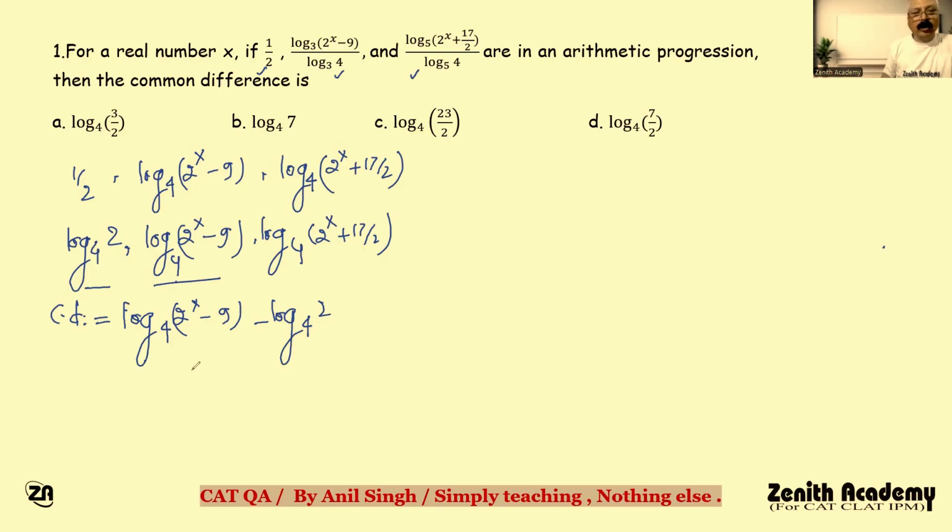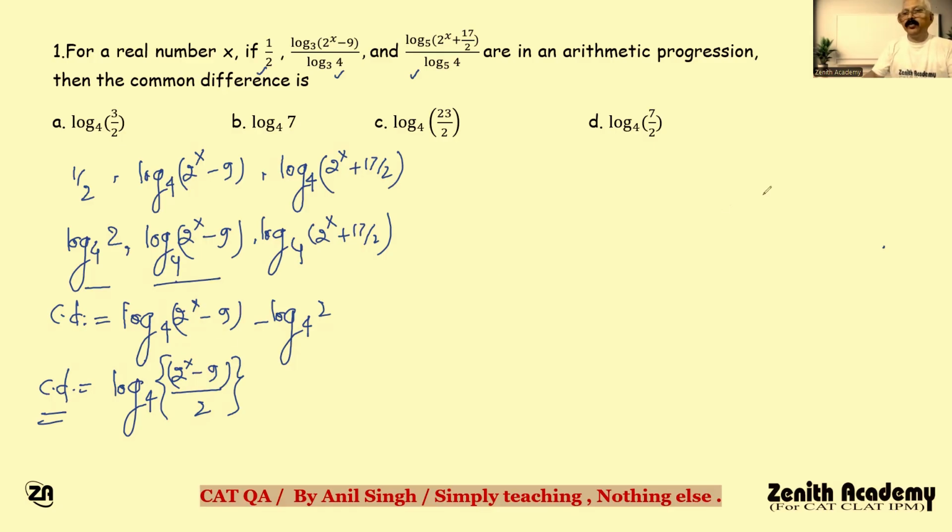Since the base is the same, this is log of 2^x - 9 over log of 2 to base 4. But none of the choices contain x, so the main task of this question is to find the value of x.